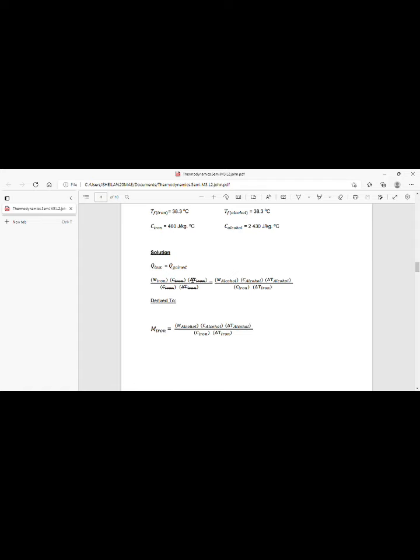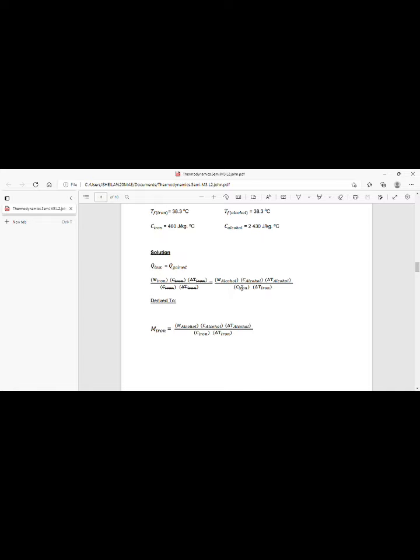We are going to derive it so that we will be able to find the mass of iron. So we need to cancel out the terms that we are not going to use, which are the specific heat of iron and the delta T of iron.